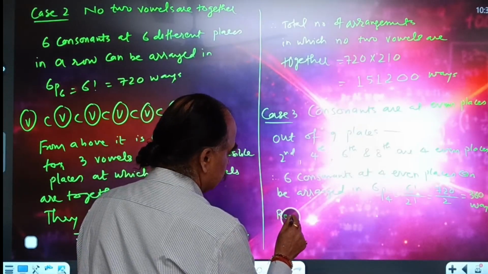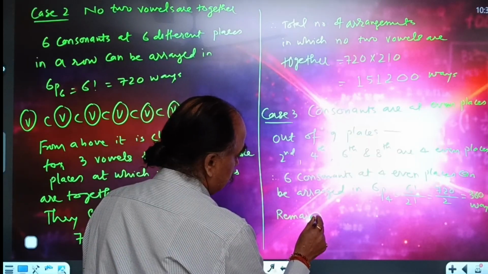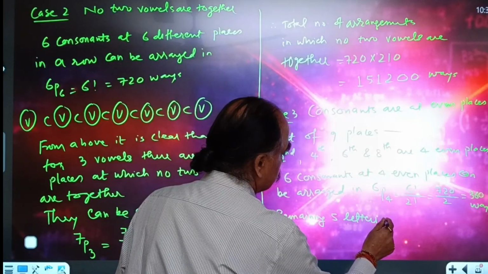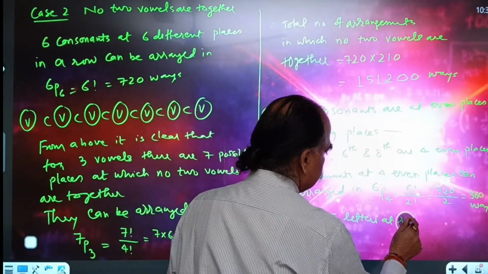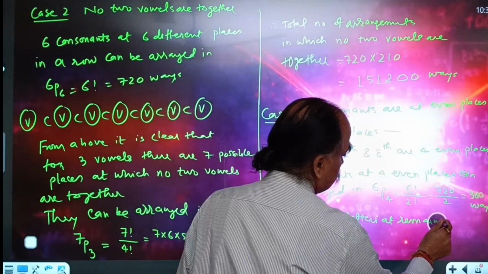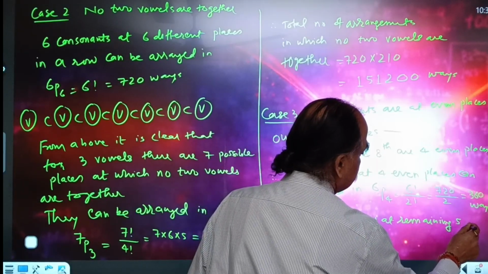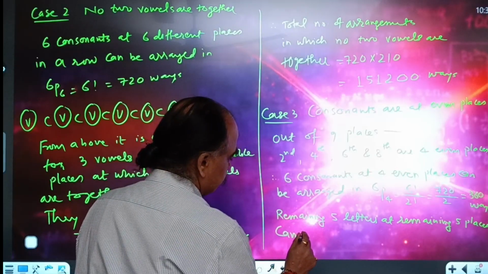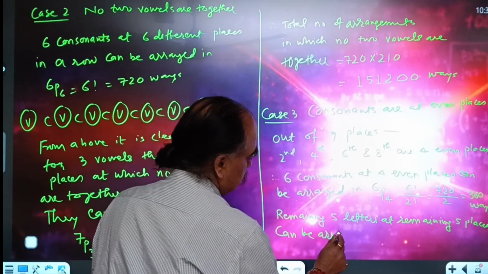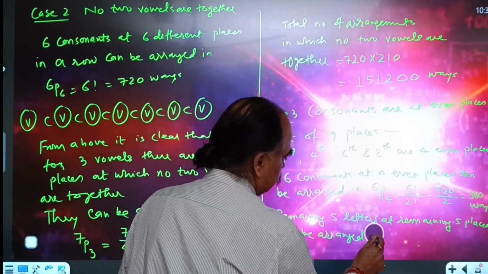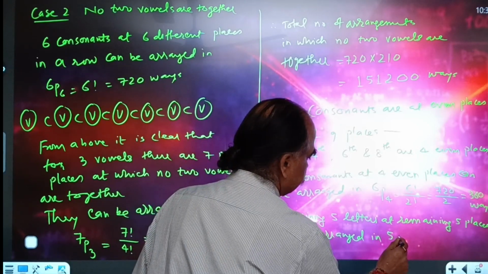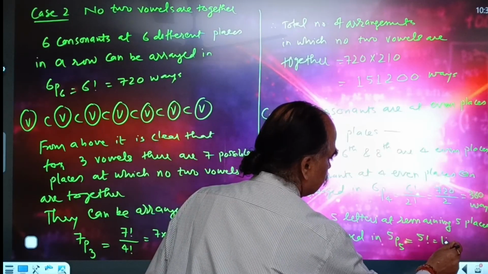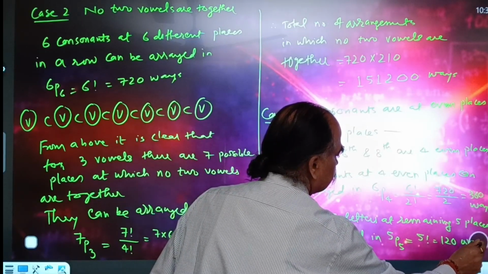Remaining 5 letters at remaining 5 places can be arranged in 5P5, 5 factorial, 120 ways.